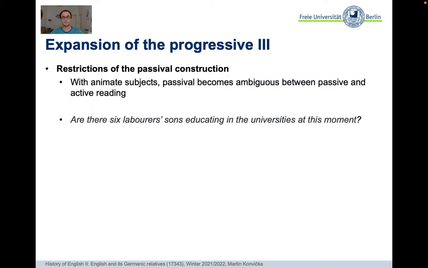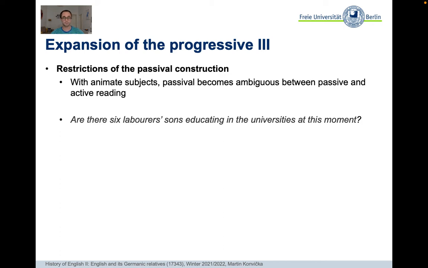And this is important when we have a look at these uses of the so-called passival with animate or agentive subjects, because then we will see that these constructions can get ambiguous, and we cannot be certain, if we don't have the right context, whether the sentence is active or passive.